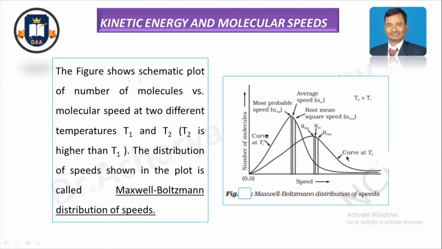For the curve at temperature T2, its height will remain lower. But remember that the temperature T2 in this case is greater than T1. So this curve is called the Maxwell distribution of speed.